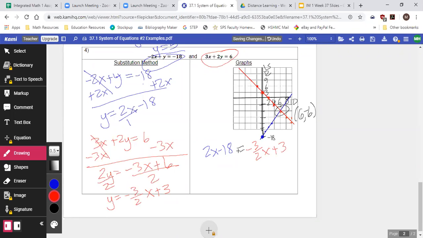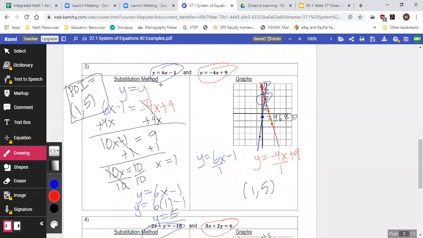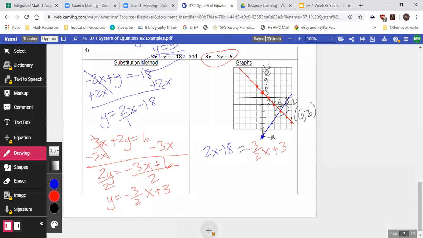So this problem is very similar to the third problem, which is where you set y equal to y. 6x minus 1 is equal to -4x plus 9. So we set y, 2x minus 18, equal to y, -3 halves x plus 3.